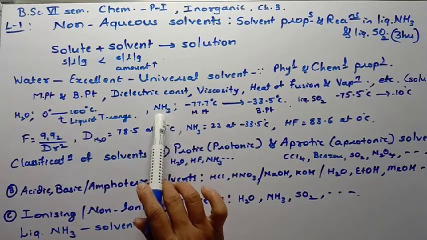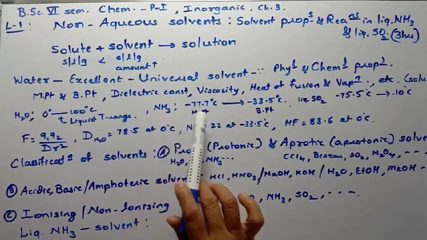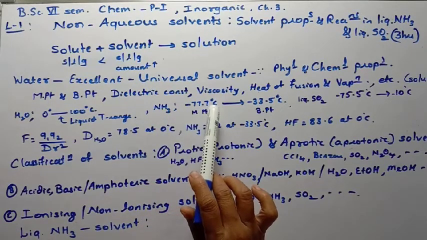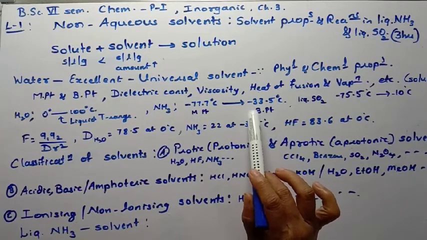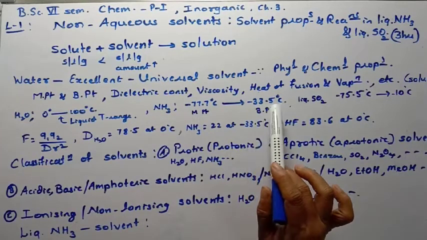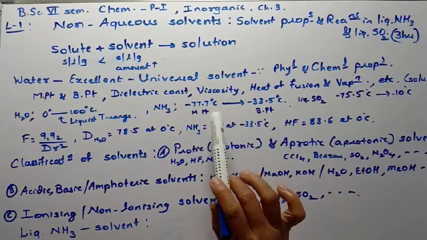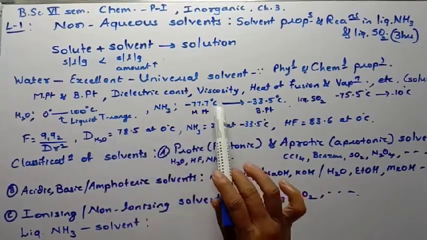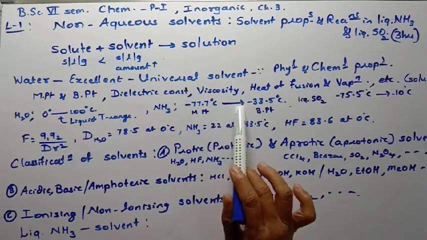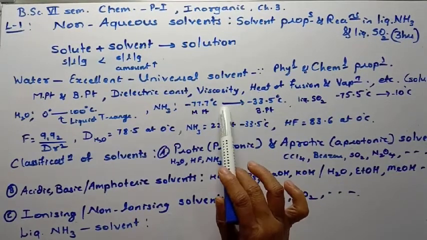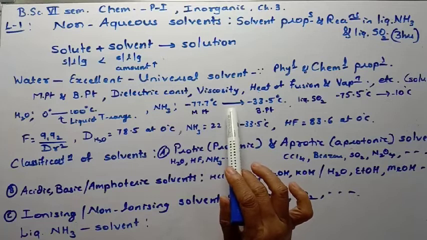In the case of ammonia, the melting point is minus 77.7 degrees Celsius and the boiling point is minus 33.5 degrees Celsius. Compared to water, the temperature is very low, below 0, and the temperature range is also smaller, only about 44 degrees.